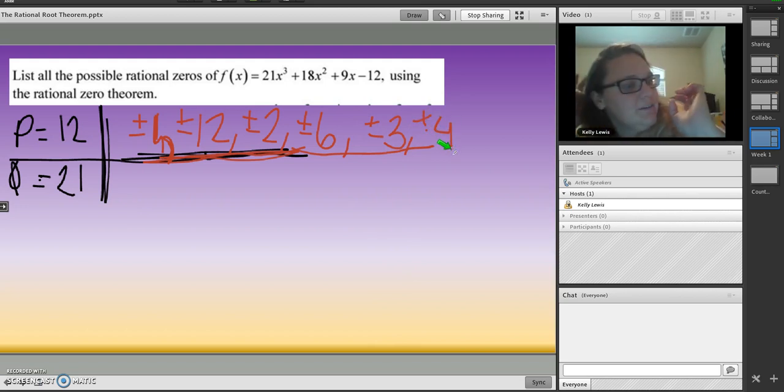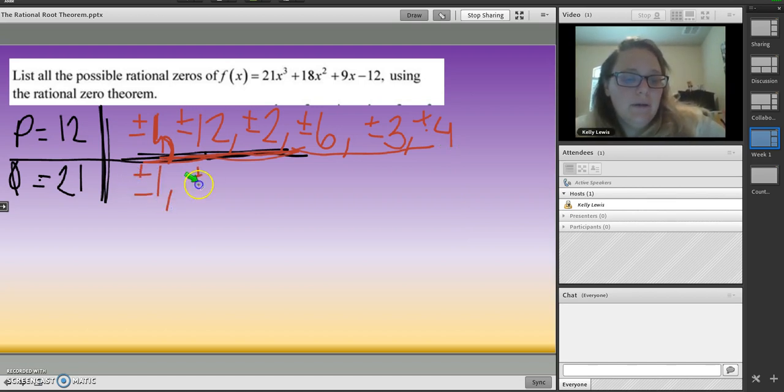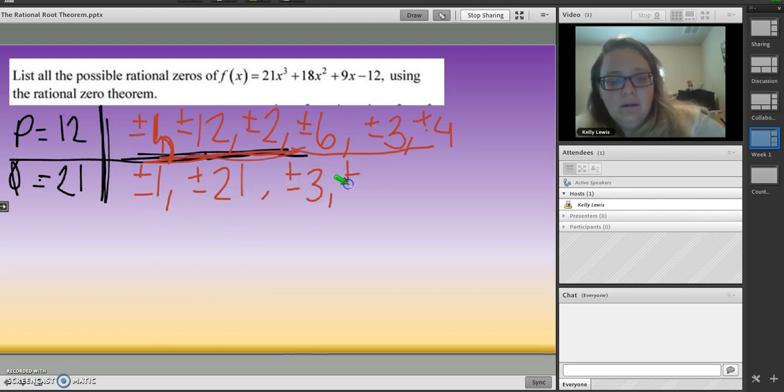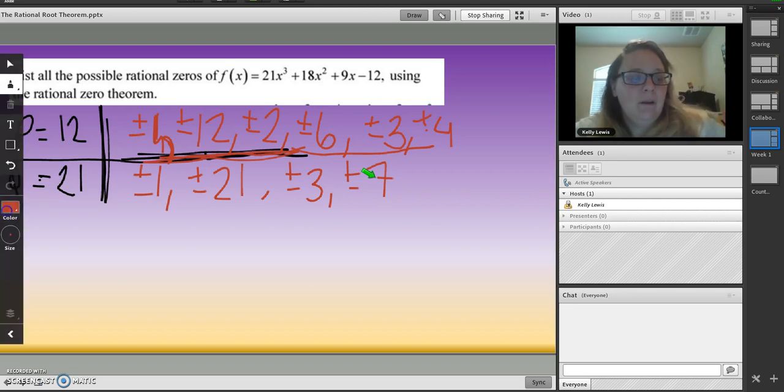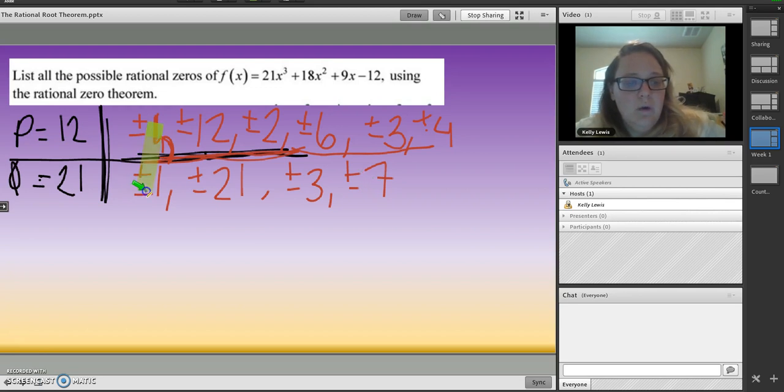Now the factors of 21 are 1 and 21, 3 and 7. 2 does not work. Okay, so that's it. So what we need to do is do 1 over each of these numbers.